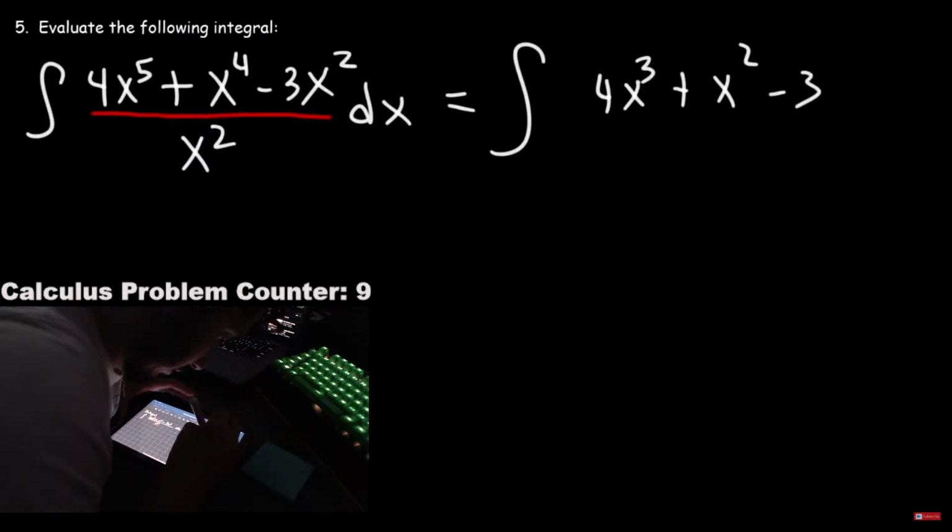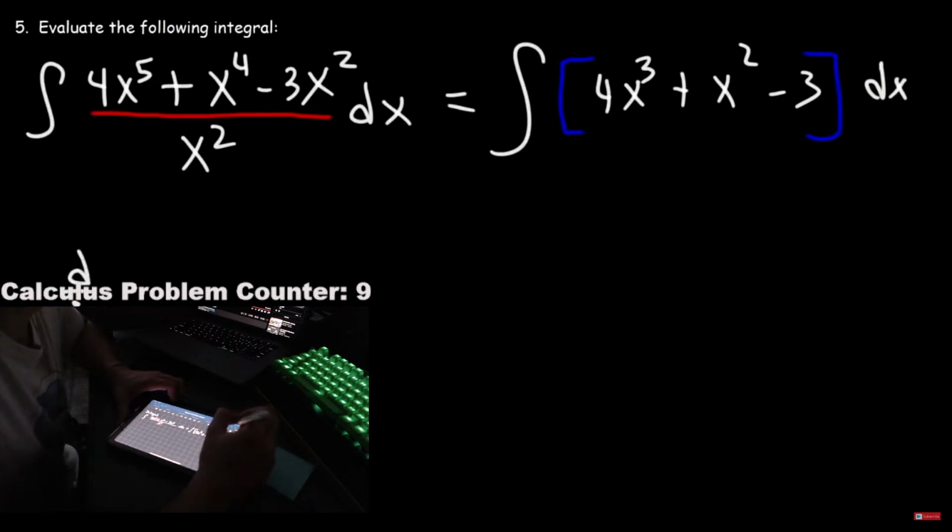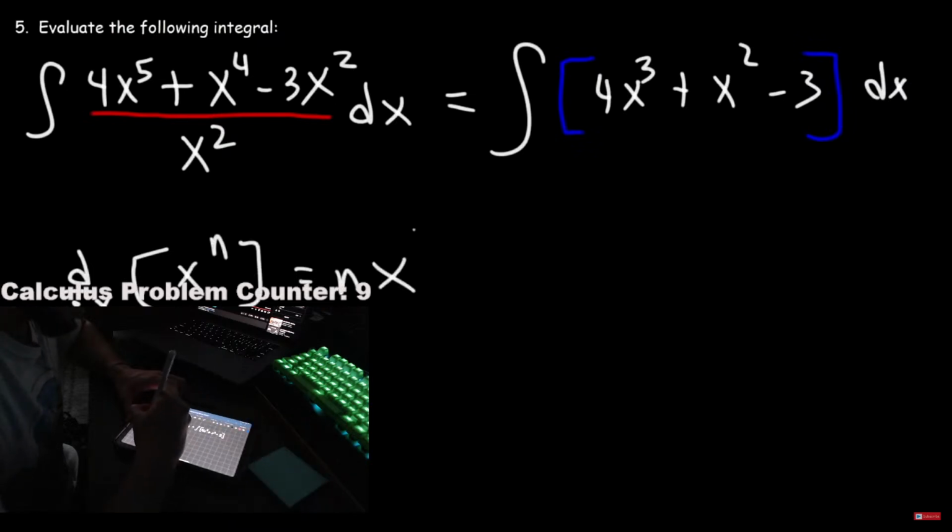Now, we have to use the power rule version for integration. So just to review, we said that the derivative of a variable raised to a constant is going to be the constant times the variable raised to the constant minus 1.